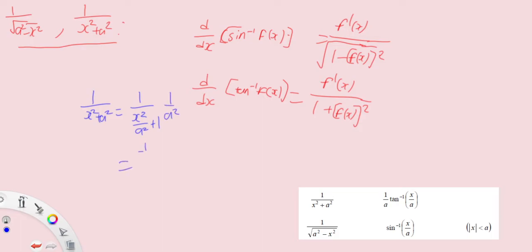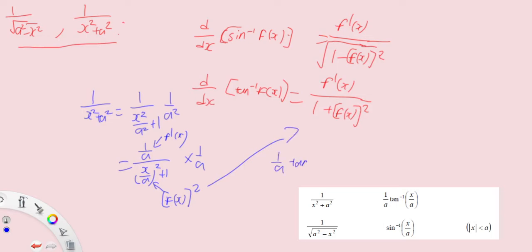And it basically gives me 1 over a over x over a whole thing squared plus 1, times the constant 1 over a. If you notice, this is f prime x and this is my f(x) whole thing squared. And from the formula here, that's why I'll get 1 over a tangent inverse x over a.